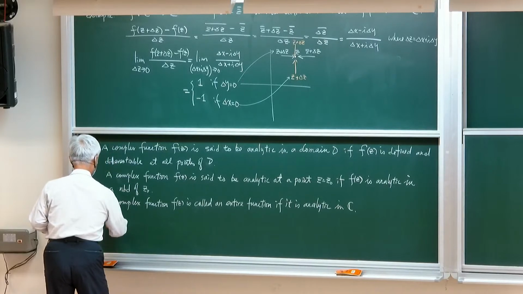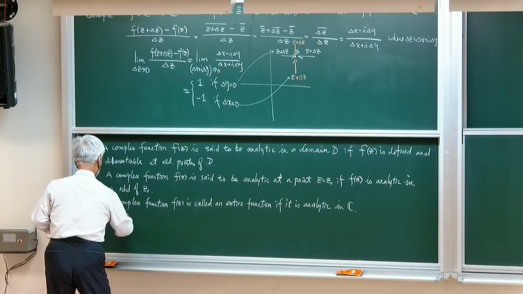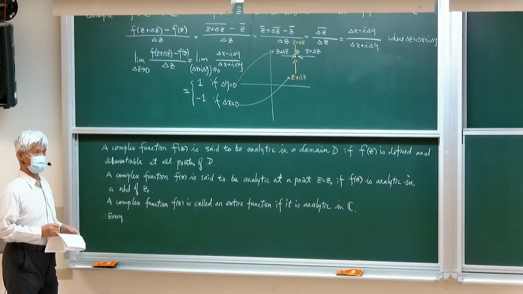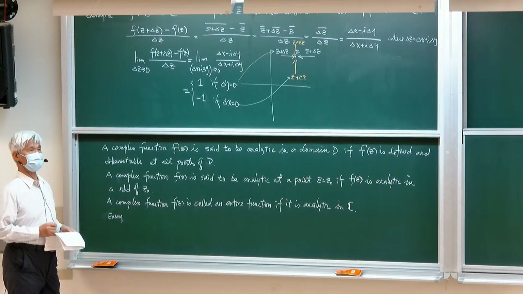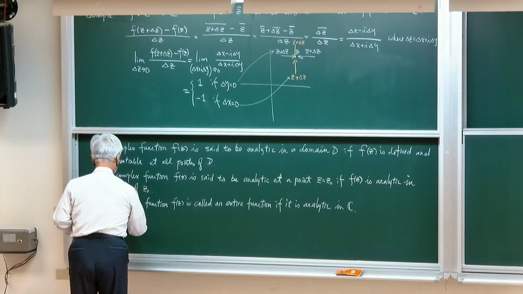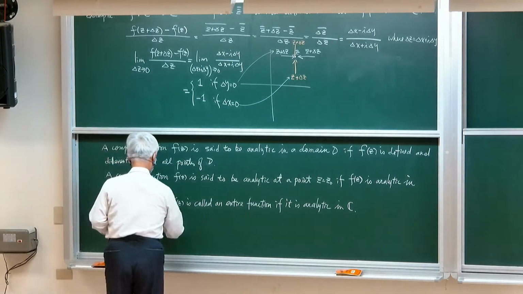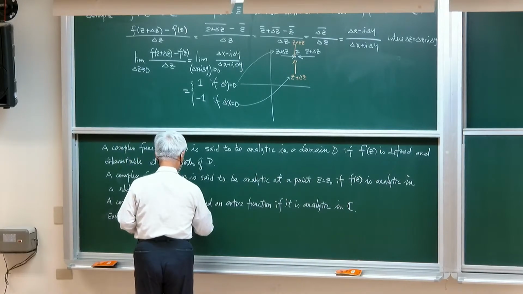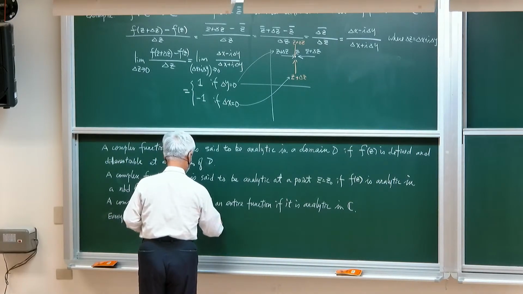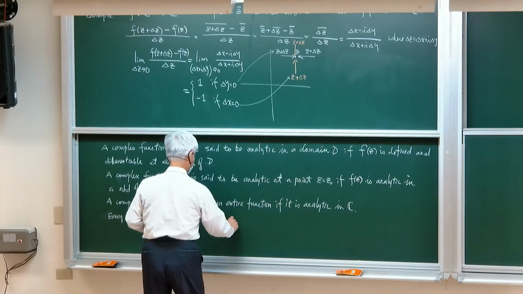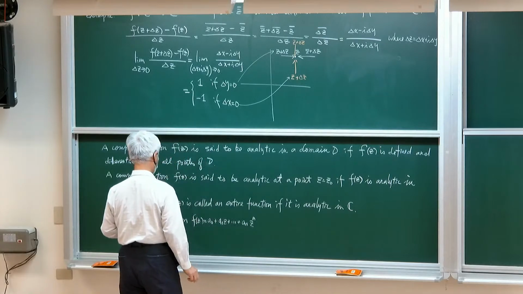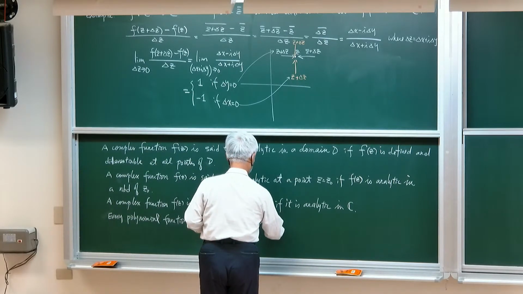All right. And from our previous example last Thursday, we considered polynomial functions, right? So every polynomial function f of z is an entire function.